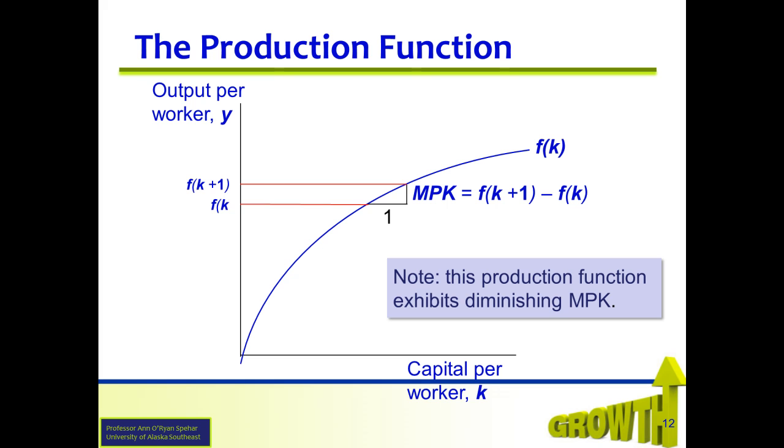I can produce more output, say 4 more bushels of wheat, but as I add additional units of capital per worker, I will get a little less output each time. The next time I add a unit of capital per worker, I may only get 3 bushels of output. My output is still increasing, but at a decreasing rate.